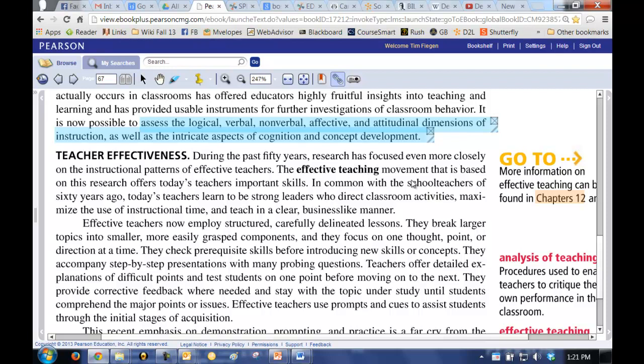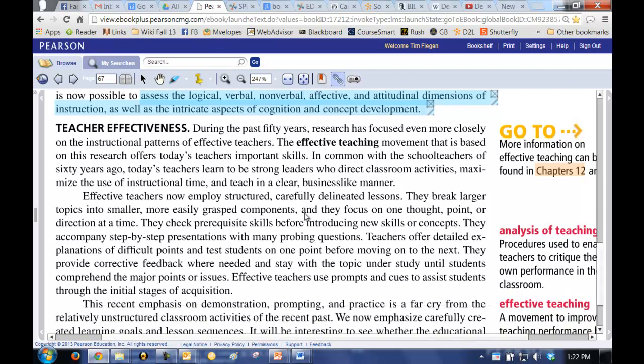The effective teaching movement is based on research that offers today's teachers important skills. So that's the biggest thing. We don't put that in words enough for you as pre-service teachers, but teaching methods today should all be based on research-based methods, meaning that somebody studied it and found that it would be an effective model.